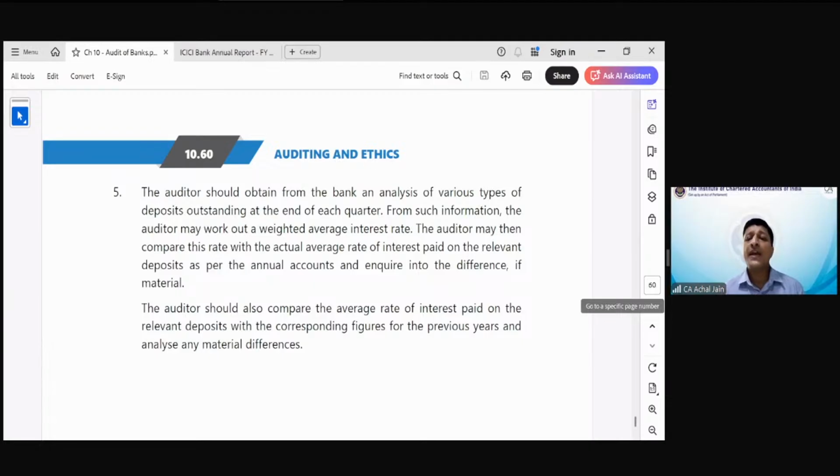The auditor should also compare the average rate of interest with the corresponding figures of previous years and analyze the material difference. That means compute the rate for the current year, compute the rate for last year on the basis of the actual amount, compare these two and find out the difference therein, if there is any. Okay, clear on this?